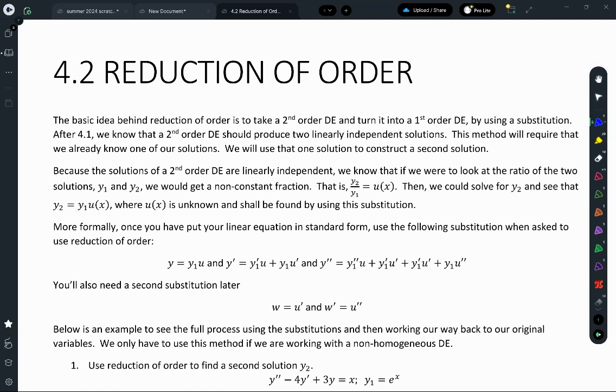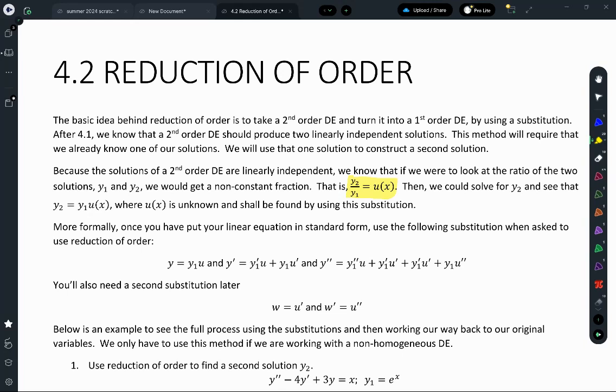Okay. Because the solutions of a second order differential equation are linearly independent, we know that if we were to look at the ratio of the two solutions, we would get some non-constant fraction. So here's what we're saying. y2 and y1 are linearly independent. So if we divide y2 by y1, we won't just be left with a constant.